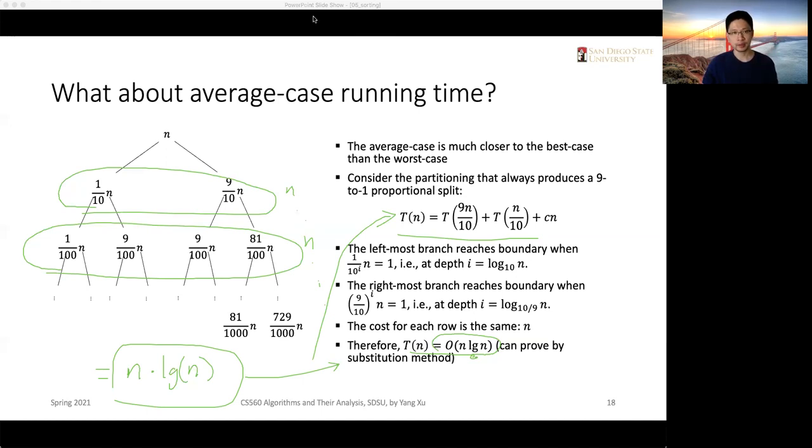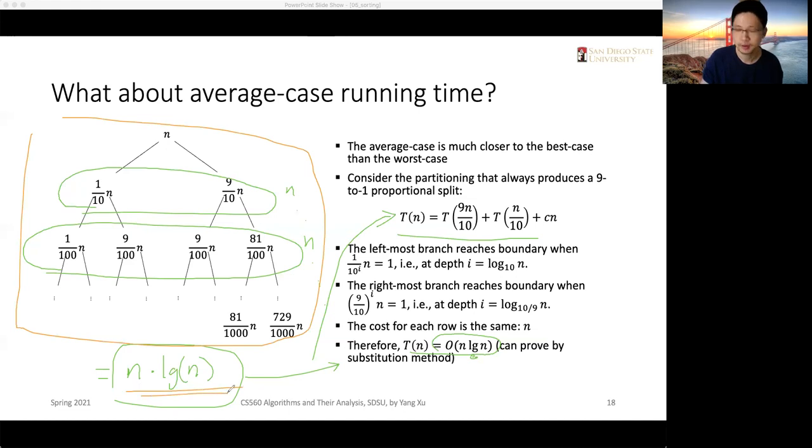It also tells us something very general about a tree structure. Even if the split at each node is not a perfectly even split, it's okay. Even if it's a proportional split, we can still get a very satisfactory total running time, n times logarithm of n.